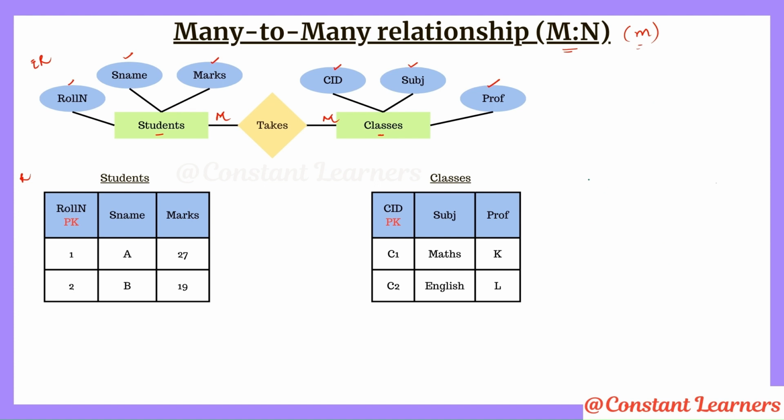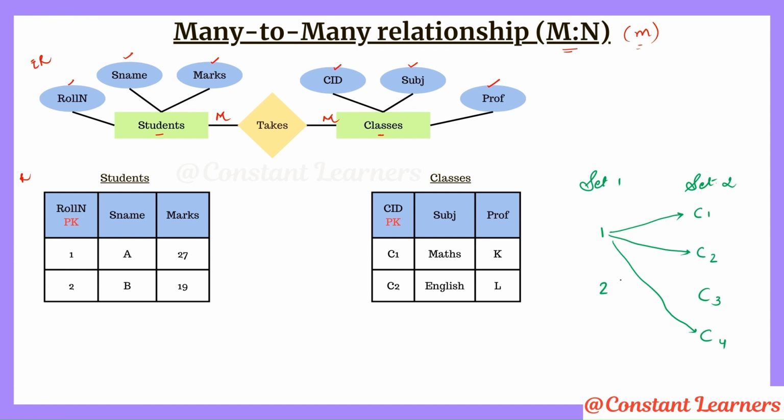Let's say we have a set 1 here and set 2. Alright, in set 1 we have two students with roll number 1 and 2. In set 2 we have the classes. Let's say C1, C2, C3 and C4. Now, student with roll number 1 is taking classes C1, C2 and C4.